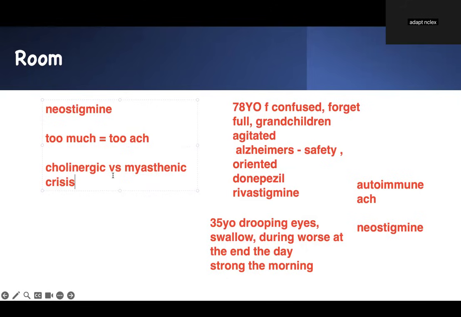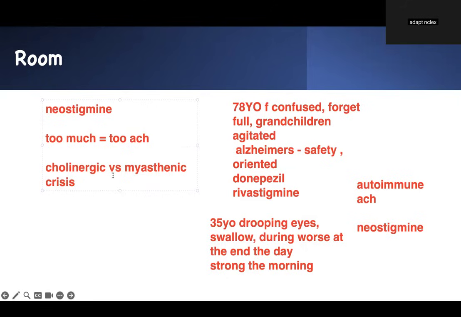That's a bad problem. But what is myasthenia gravis crisis? It means you don't have enough acetylcholine. That's an airway problem. Everything starts going down. You're getting weak. So know the difference between these two conditions. Myasthenia gravis crisis means they're weak and weak and weak.